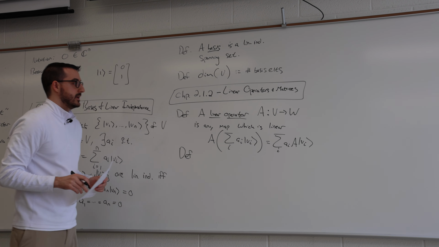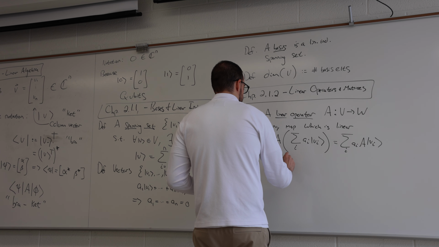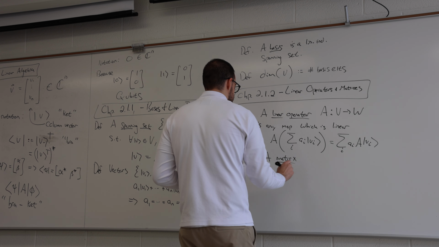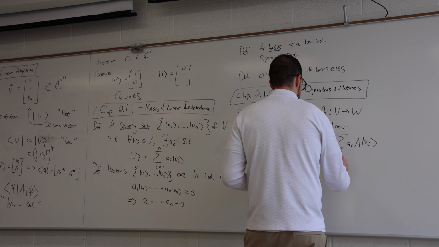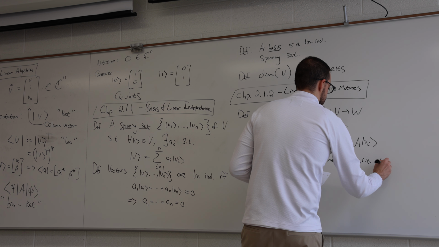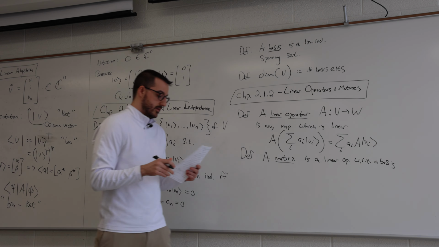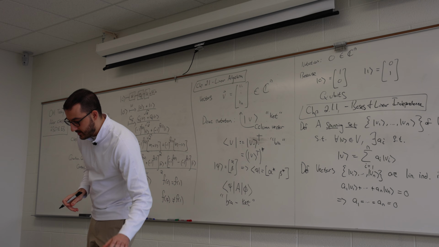That's sort of the abstract definition of a linear operator. And what we'll have is the next definition. A matrix is going to be a linear operator with respect to a basis. Okay? So let's see an example of this.